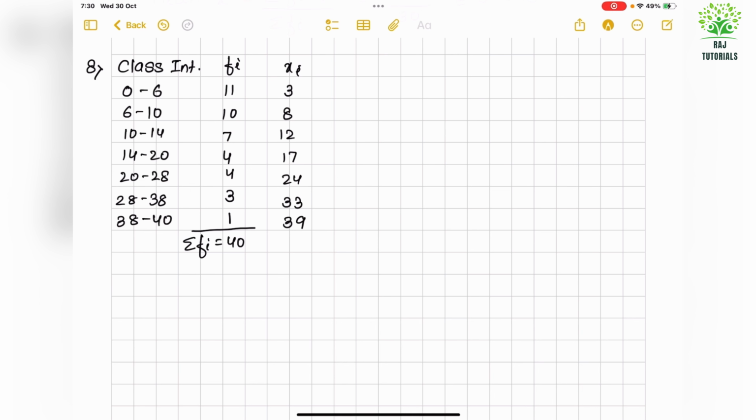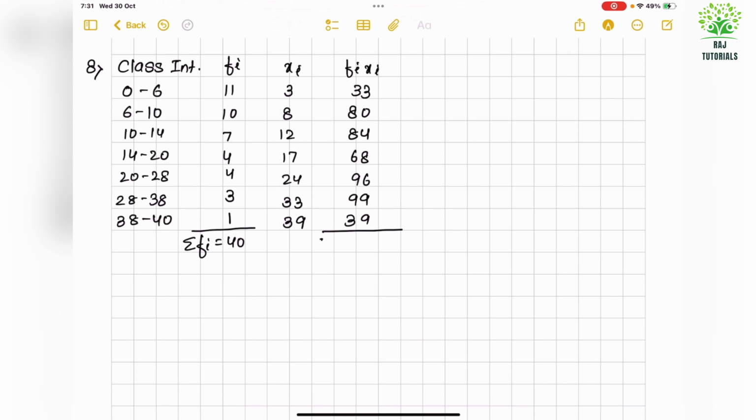Now I am using the direct method, fi xi. So 11 threes are 33, 10 eights are 80, then 12 sevens are 84, then 68, then 96, then 99 and 39.